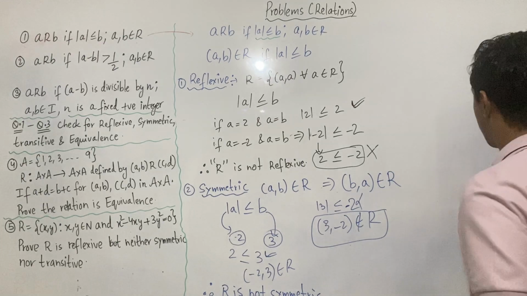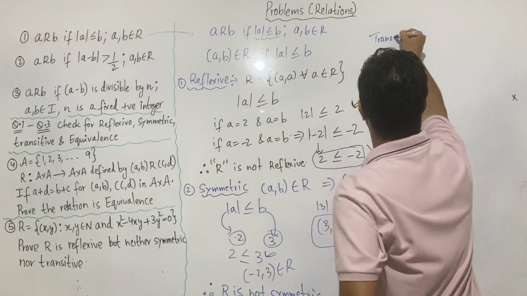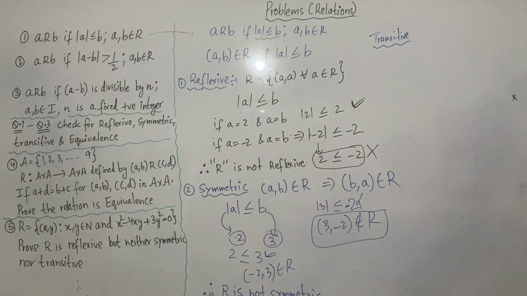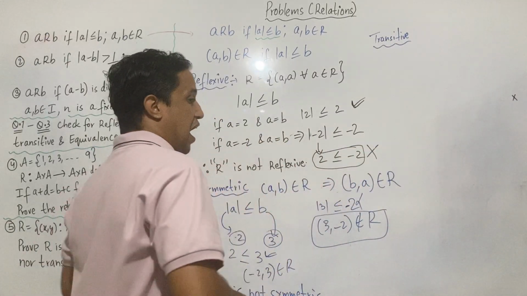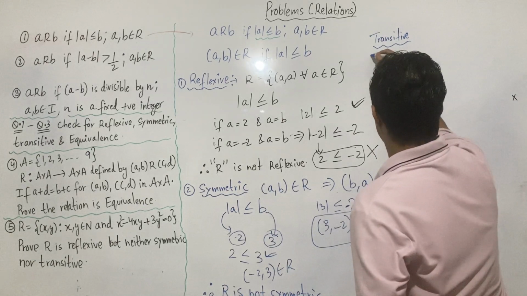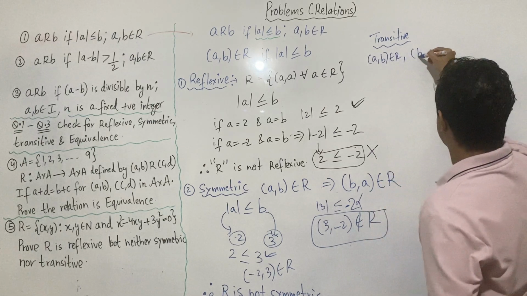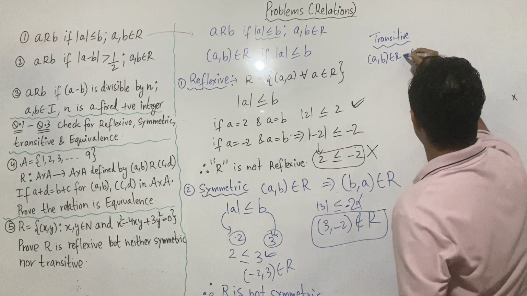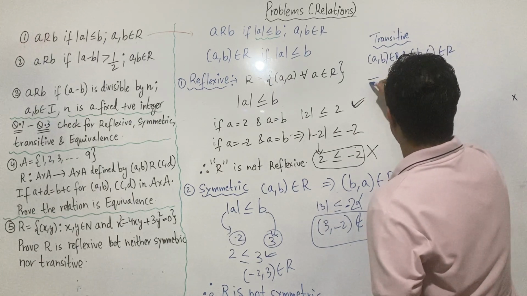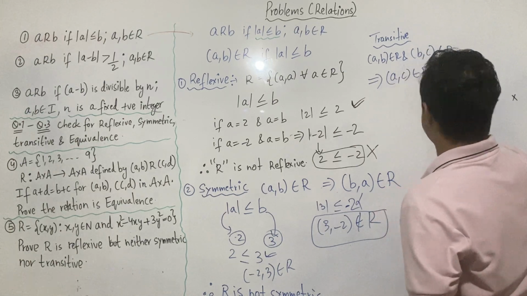Okay, now we will check for transitive. So if this relation is to be transitive, what does the transitive relation say? It says that if A is related to B and B is related to C, then A must be related to C, right?